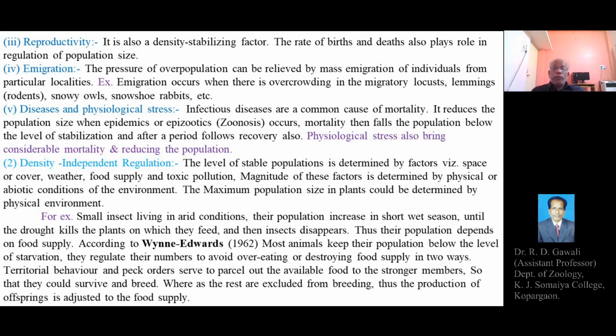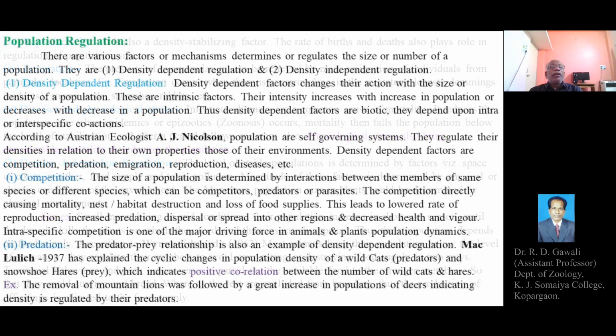So this is about population regulation, and we have explained two types of population regulation, that is density dependent regulation and density independent regulation.